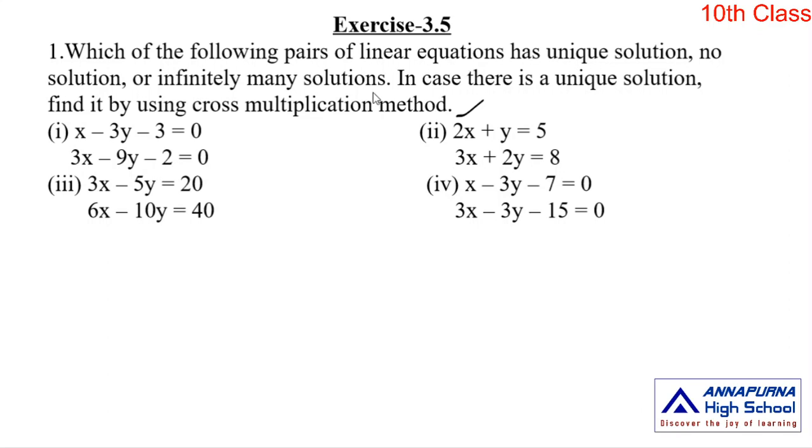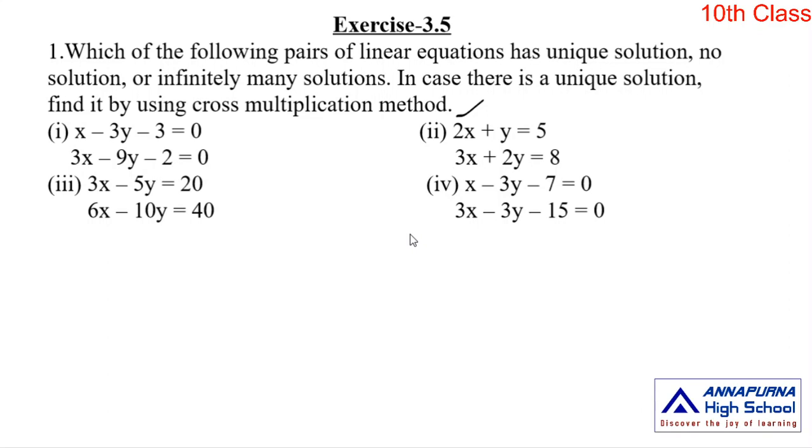Let's see. Which of the following pairs of linear equations has unique solution, no solution, or infinitely many solutions. Here some pairs of equations are given. Out of these 4 pairs, just identify which pair has unique solution, no solution, or infinitely many solutions.